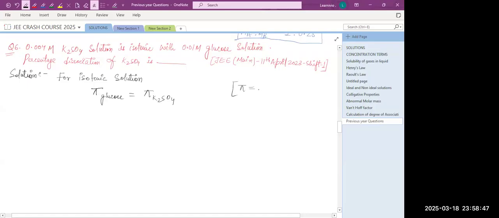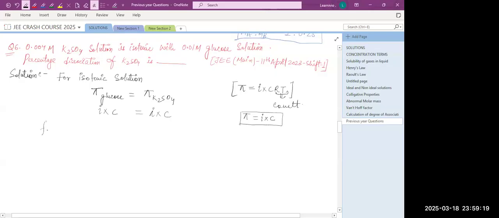Tell me. Pi equals iCRT, where RT is constant. So i into C equals i into C.